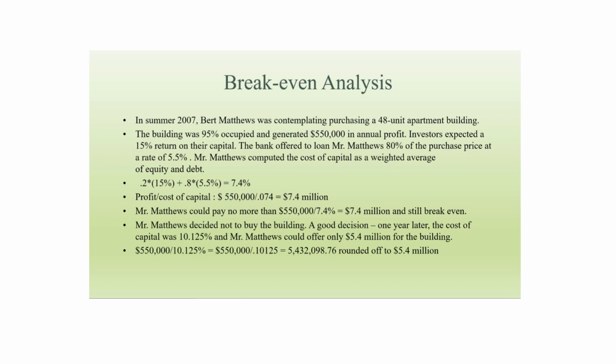So the decision, therefore, based on this computation of weighted average cost of capital, Matthews could not pay more than 7.4 million, which is the cost of capital to raise $550,000. Then it was a good decision. He did not buy the building. It's a good decision because the cost of capital increased to 10.125%.